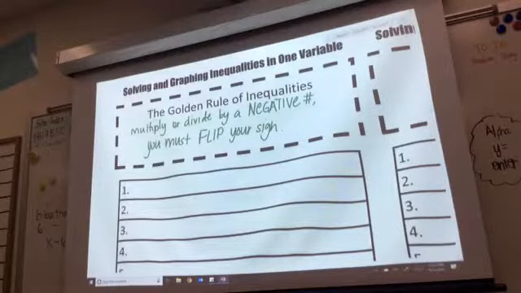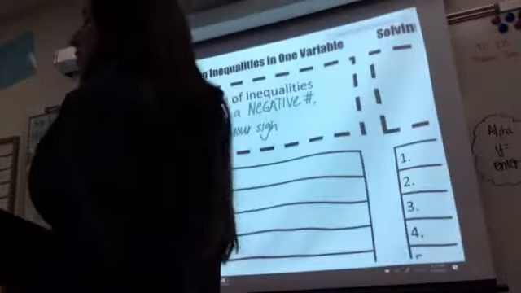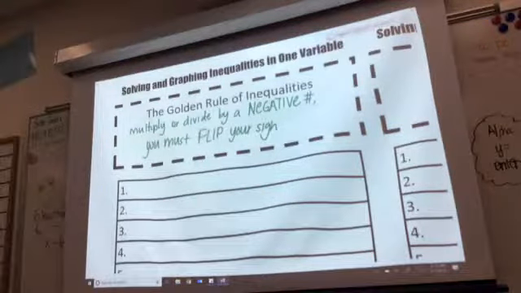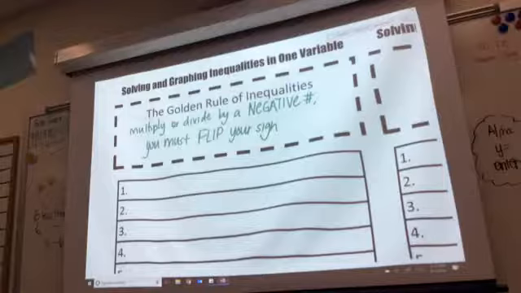Remember how I told you more than and less than are flip words? Well, in inequalities, if you divide by a negative, the more than or less than flips. Got it? So just keep that in mind.